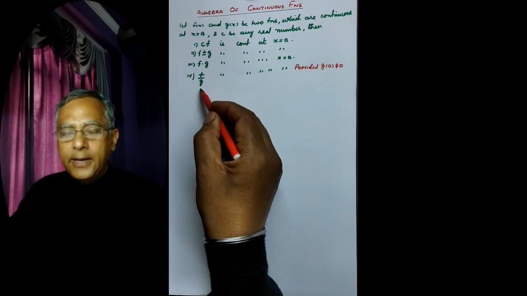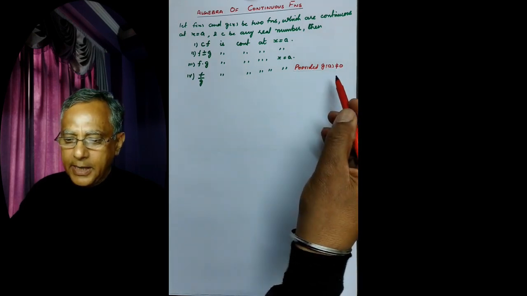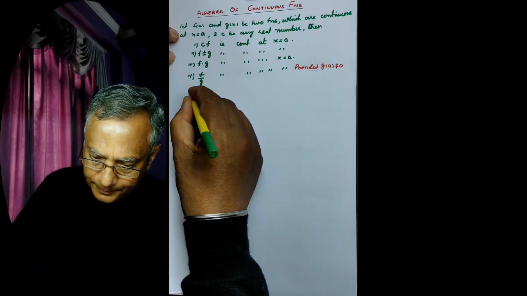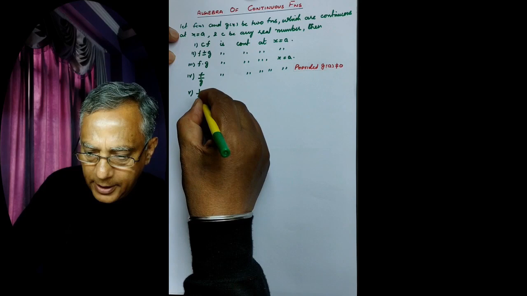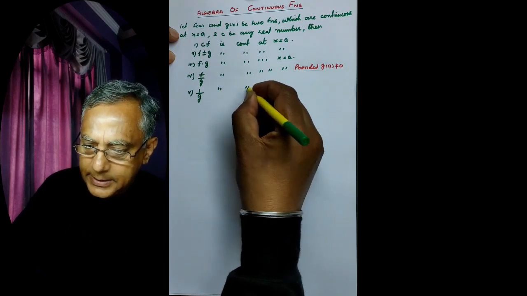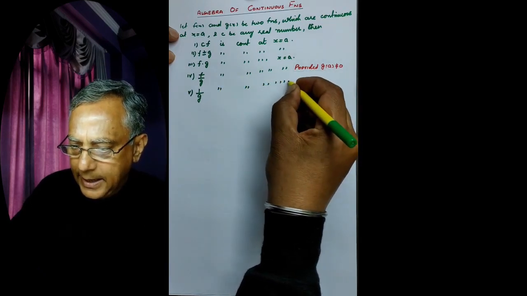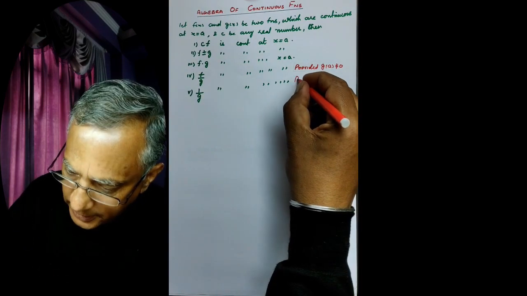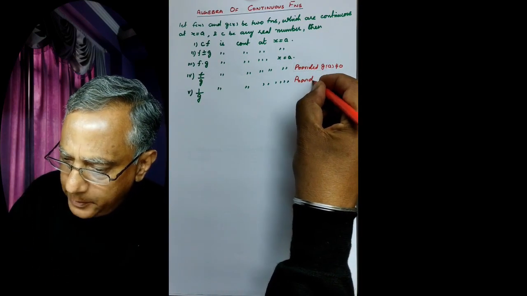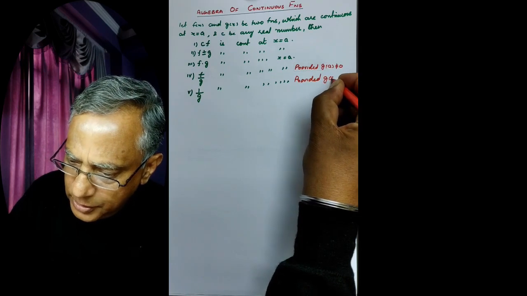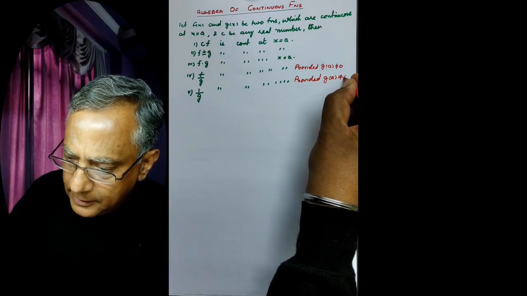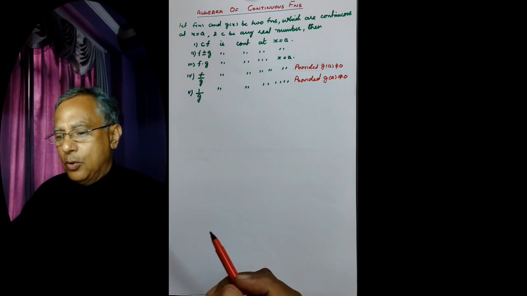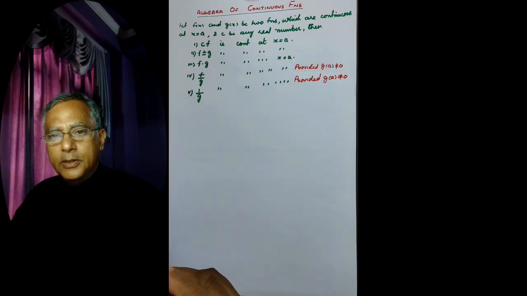Then this will be continuous at x equal to a. Also, 1 upon g is continuous at x equal to a, provided, again, the denominator should not be 0, provided g of a is not equal to 0.